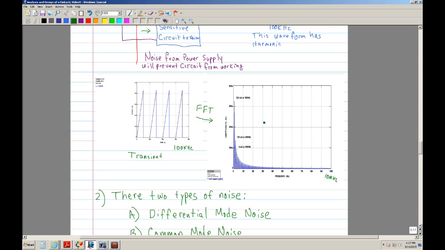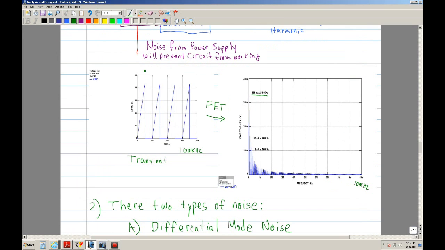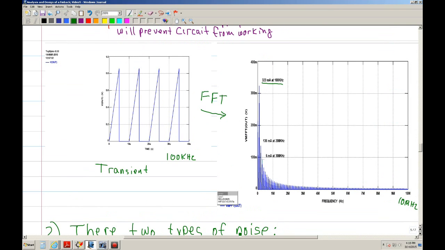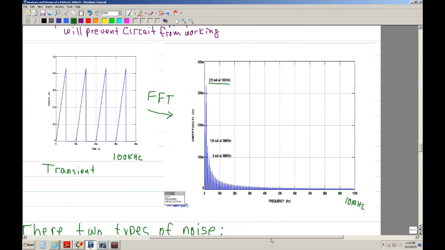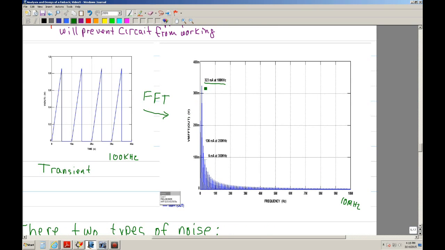Here at the fundamental frequency that it's operating at, you actually have 323 milliamps at 100 kilohertz. Let me see if I can zoom this and make it a little bit bigger. See, right there's the peak, and then the second harmonic is at 200 kilohertz.